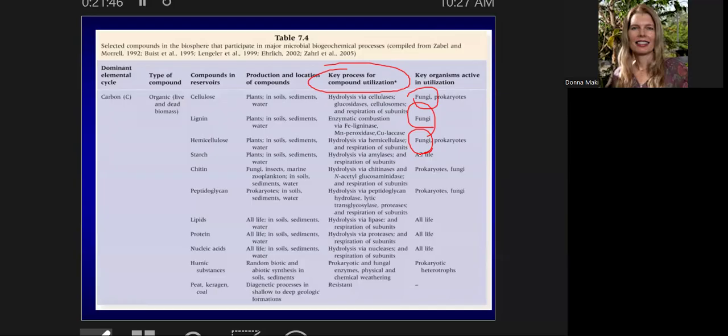And if you've taken a plant class, you can appreciate a little bit about how complex, especially lignin is, but cellulose as well. Very, surprisingly tough molecules, even though they're only made out of sugars. But yet they are tough to break down. But fungi have an excellent repertoire of enzymes that they can use in order to break down really complex molecules that are found in plants.